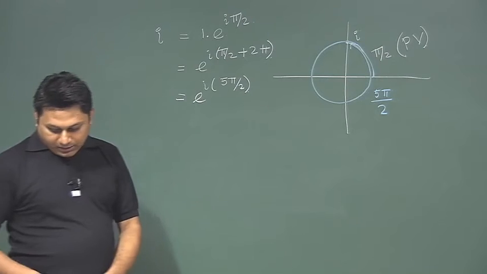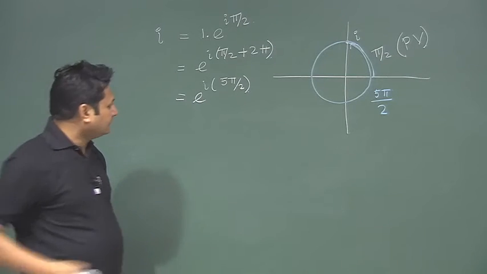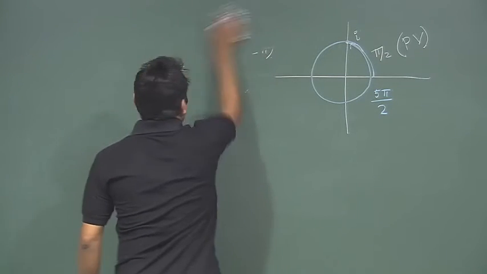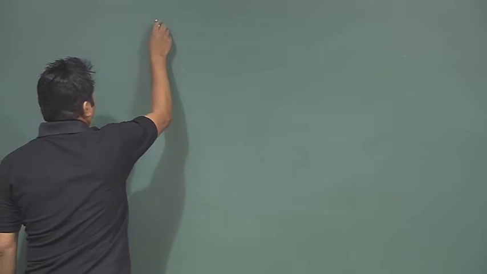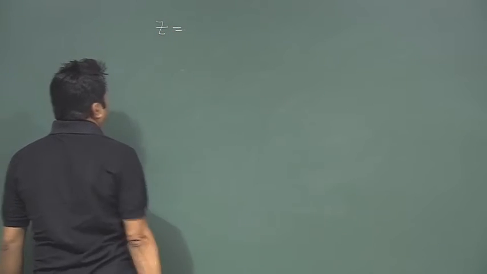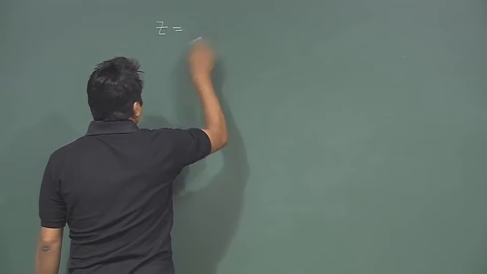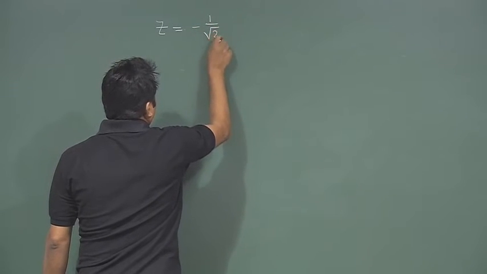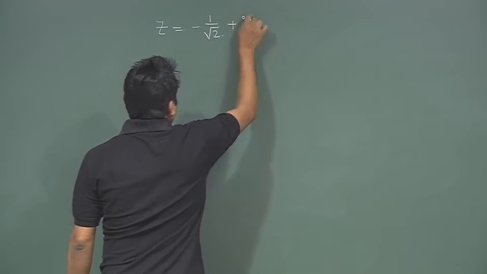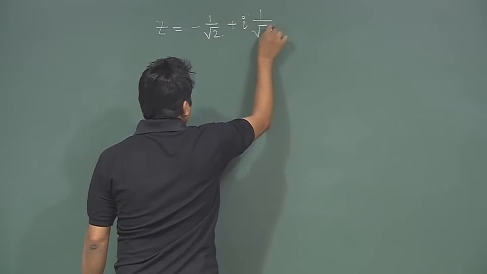Also, one more thing, for example, I have one point, say z equal to minus 1 by root 2 plus i 1 by root 2.